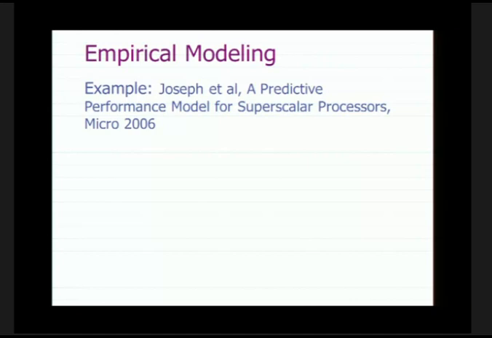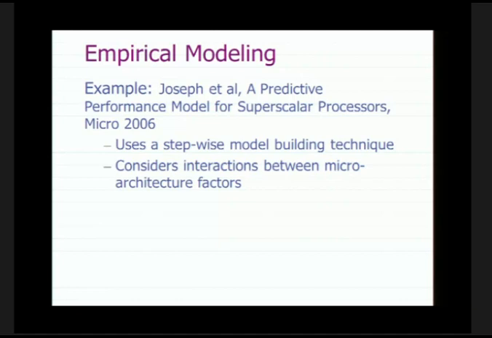Further, what is done in this piece of work is to use a stepwise model building technique. It starts off by building a model which has one term. Then it adds another term, but it also looks at interactions between microarchitecture factors. So there could be a square term, there could be an x squared multiplied by y term in this model that's being built up.